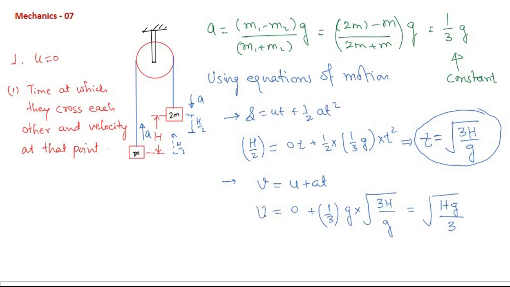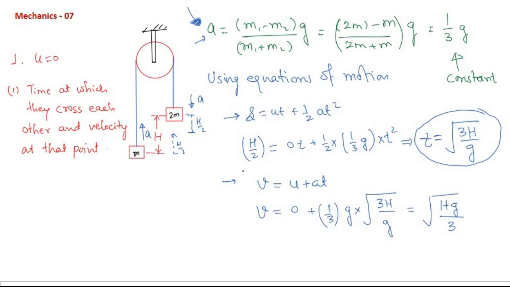This will be the velocity when they cross each other. The problem is not very difficult, but you should remember these formulas, that the acceleration is given by this formula, so that you can easily get these equations. If you don't remember, then you have to derive the equation for acceleration and then use it. So it is better to remember them.